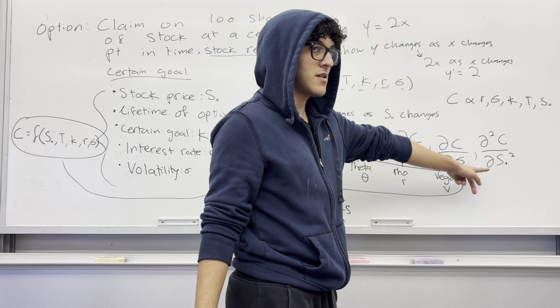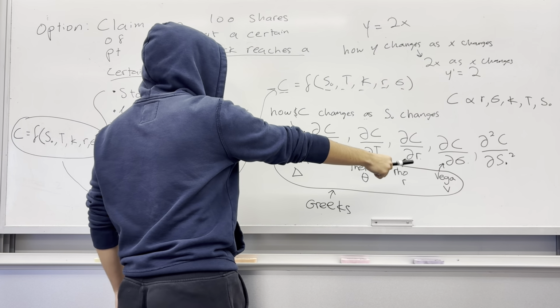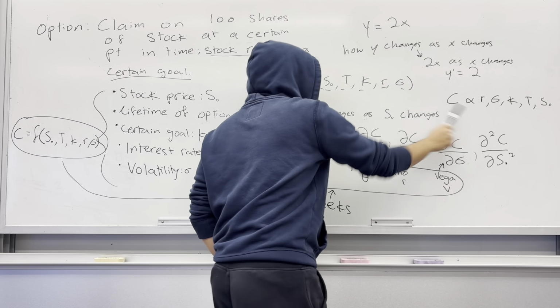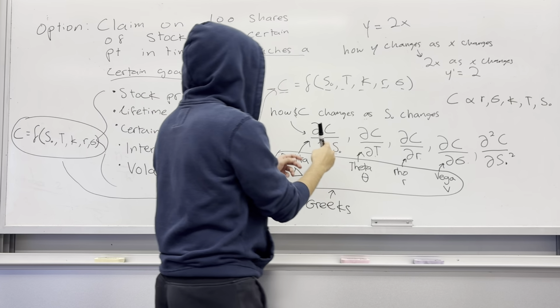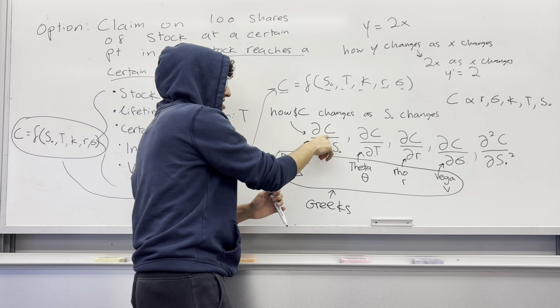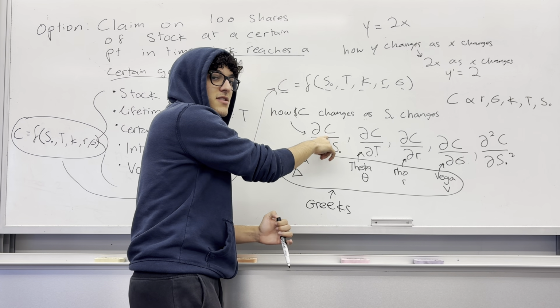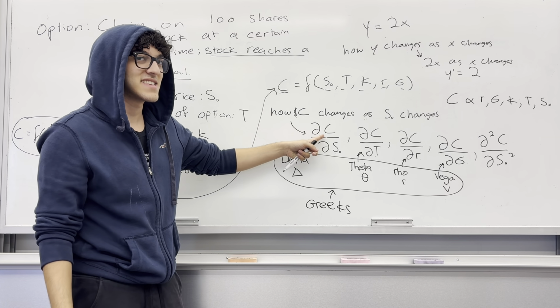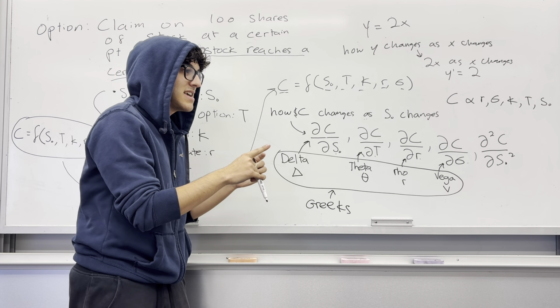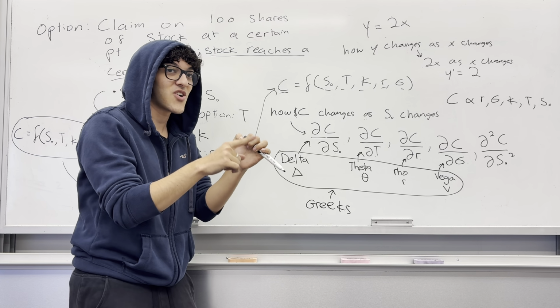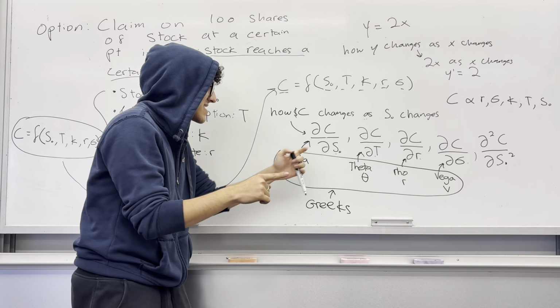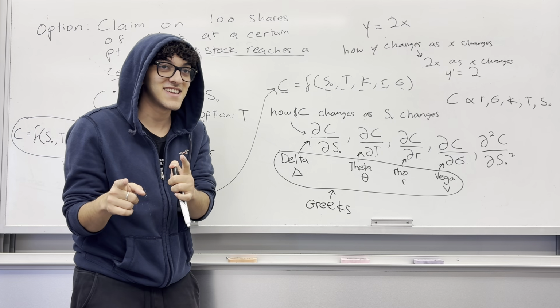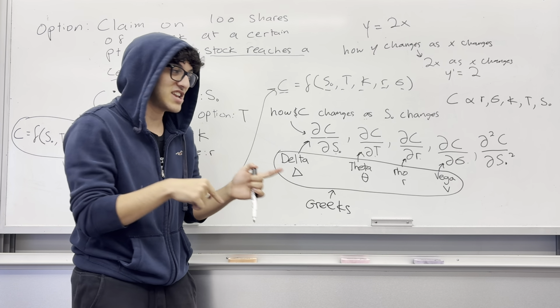I'll add another one to these. This one. Think about it, we're doing this twice. This is going to be really confusing. We're getting the change in the call price as the stock price changes.